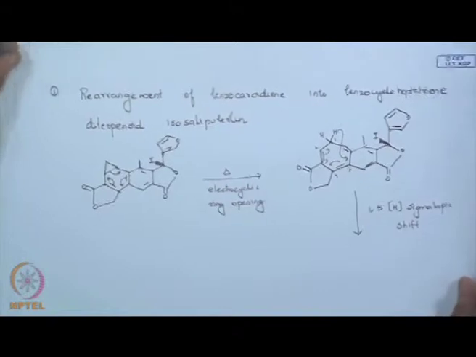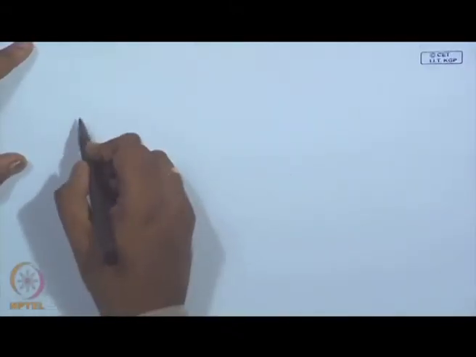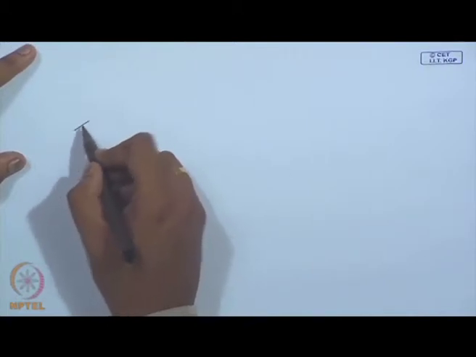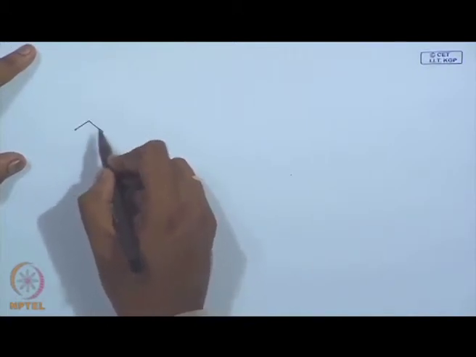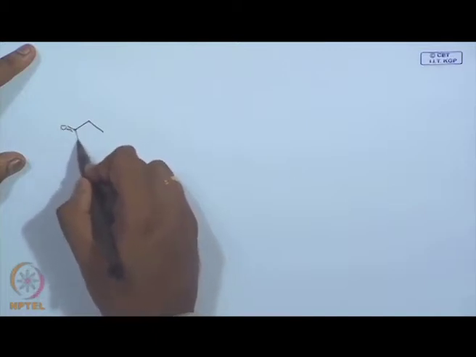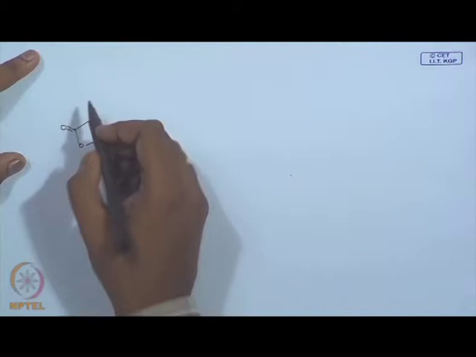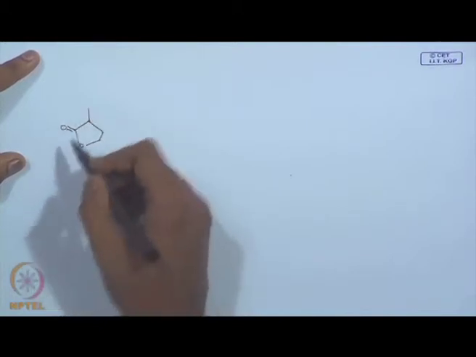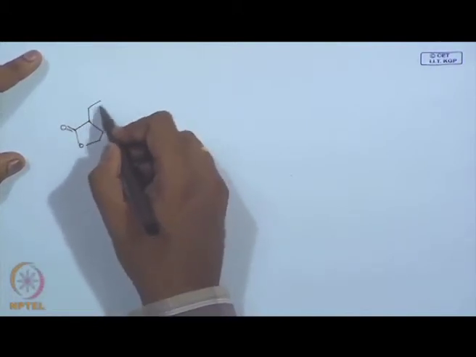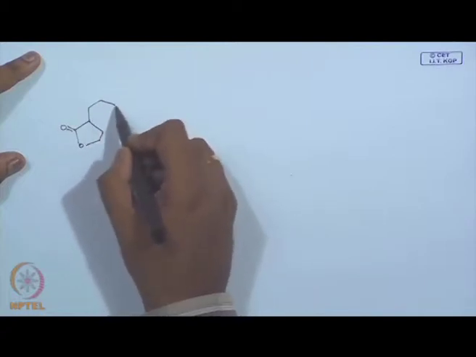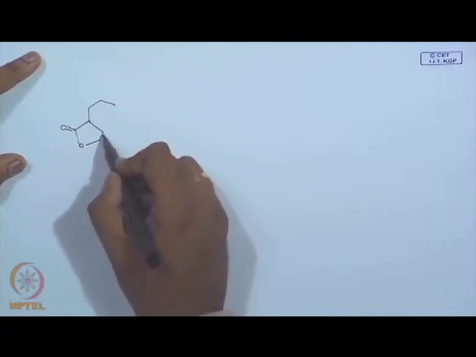So can we draw the structure again? We'll take the nucleus and draw the structure. So I will get my product of the 1,5 shift. So it's a 7-member ring, be careful with that.